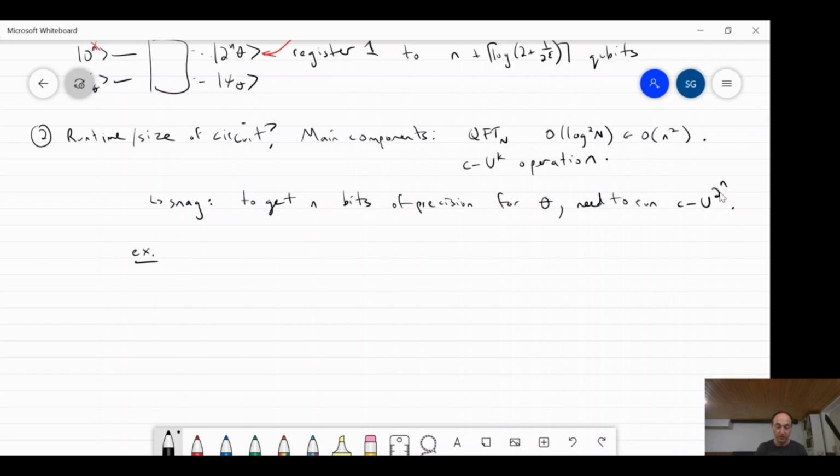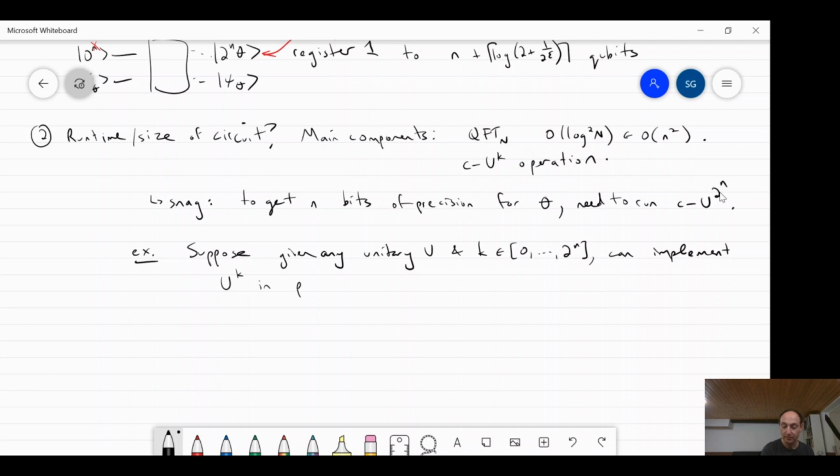The exercise basically says, suppose given any unitary u and k, let's say k is in the range 0 up to 2 to the n, we can implement u to the k in poly(n) gates.